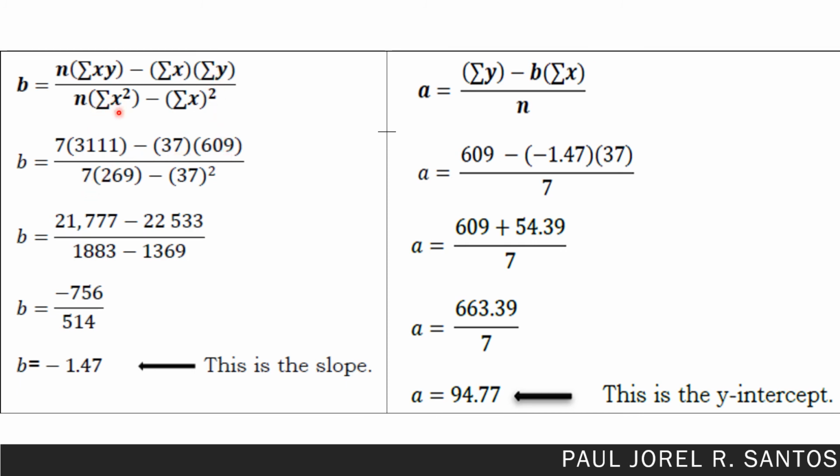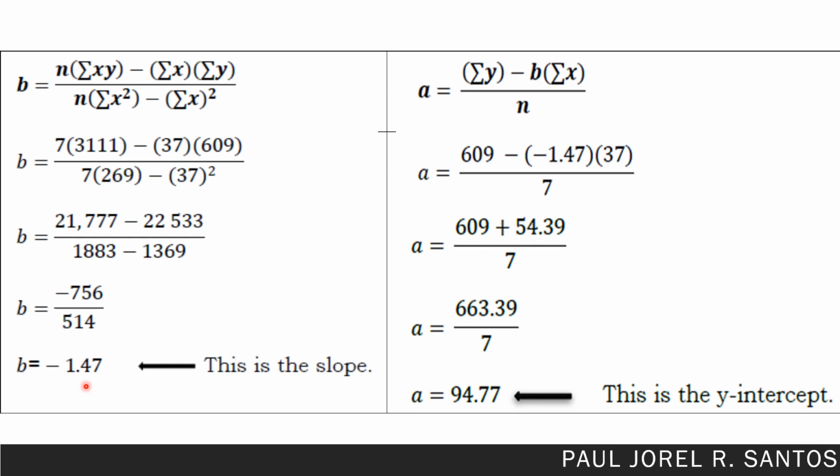N is 7, summation of x squared is 269, and the square of the summation of x is the square of 37. If we plug this into the calculator, you can obtain negative 1.47, and that will be the slope.